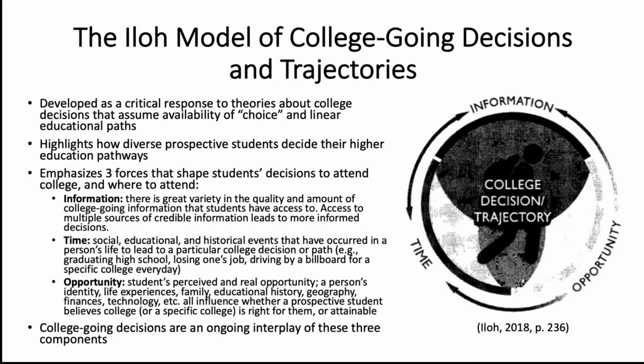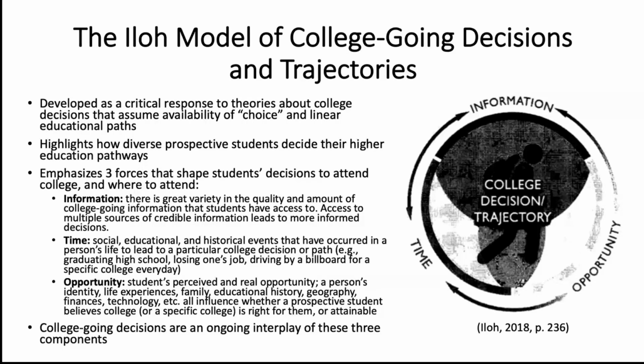When in reality, many students going to college today are not of a traditional age, for instance, and may not be going on the timeline that we imagine, and may be the first in their families to attend, or may hold other identities that are underrepresented within the academy. So this theoretical framework, this model, highlights how diverse prospective students make decisions about their higher education pathways.